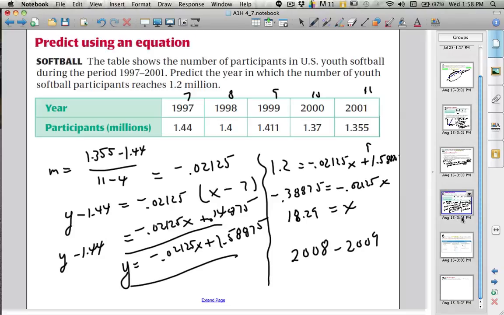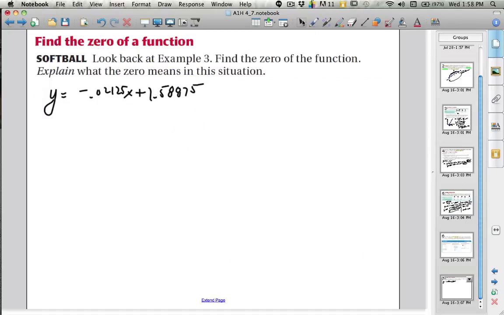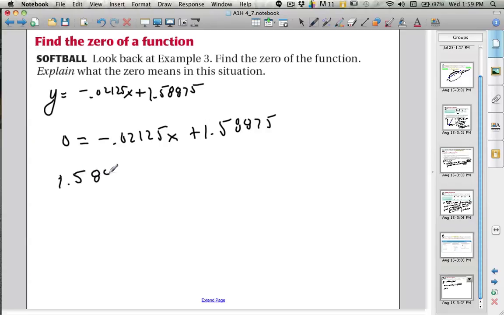So let's take our crazy equation, right? And I want to find out what happens when this equals 0. So 0 is equal to negative 0.02125x plus 1.58875. If I subtract from either side, I'll have negative 1.58875, and I'm going to divide by negative 0.02125, and that's going to equal x.